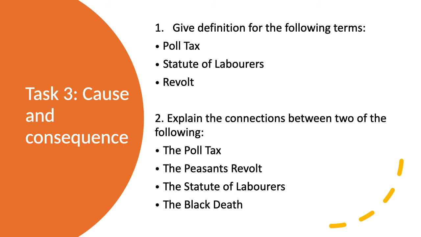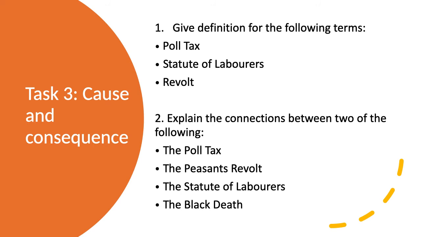We're going to have a look now at a bit of cause and consequence for task 3. The first thing I want you to do is find me definitions for the following terms. Poll tax, Statute of Labourers. Here's a hint for you, that's something to do with the Black Death. And revolt, you should already have that one.